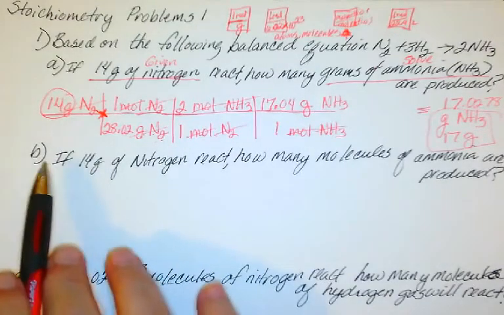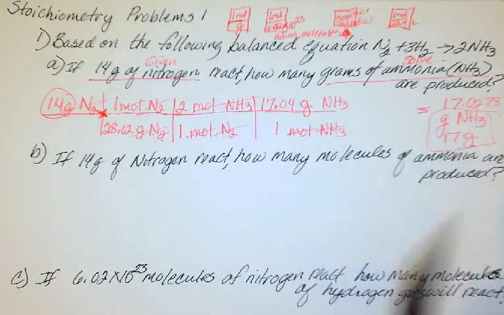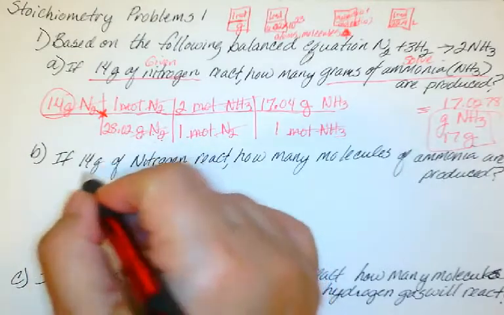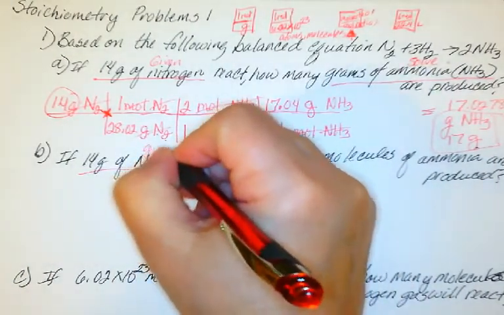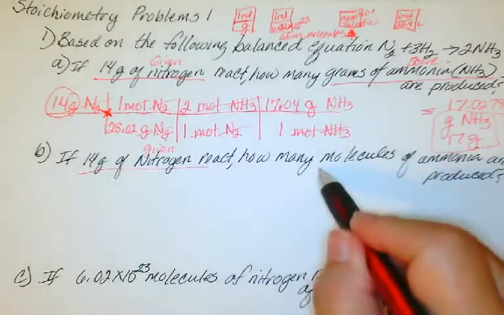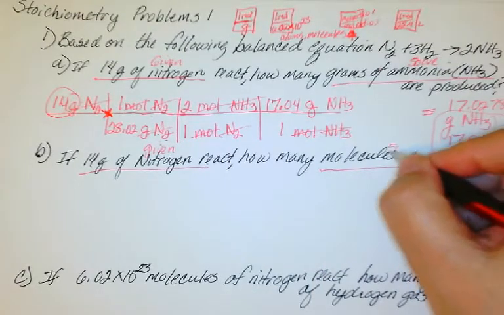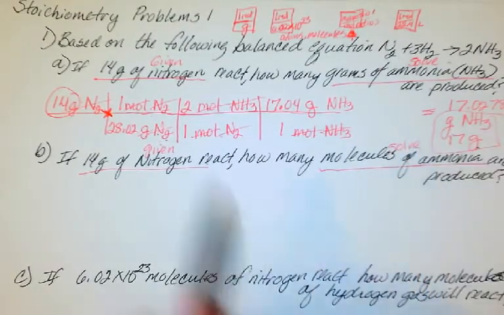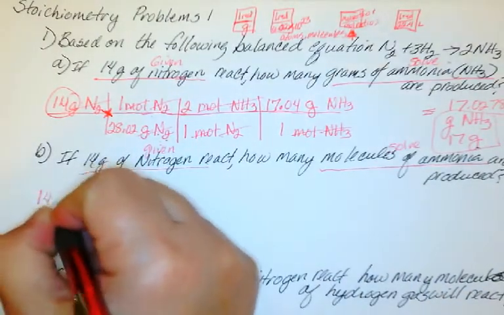Part B says, if 14 grams of nitrogen react, how many molecules of ammonia are produced? So what's my given? 14 grams. What am I trying to solve for? I'm trying to solve for how many molecules of ammonia. Before I had 14 grams of nitrogen, so I start the same way.